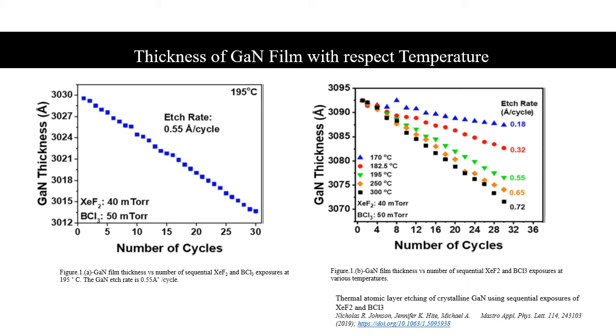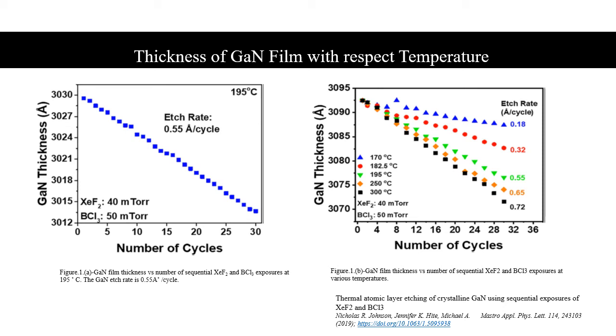In the first figure, gallium nitride is exposed to xenon difluoride for 20 seconds at 40 millitorr, and then boron trichloride for 0.5 seconds at 50 millitorr pressure. In between both, the gases are purged with argon for 60 seconds at 190 degrees Celsius, and the etch rate was 0.55 Angstrom per cycle.